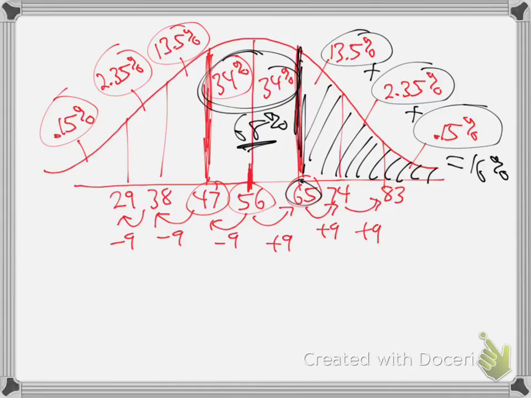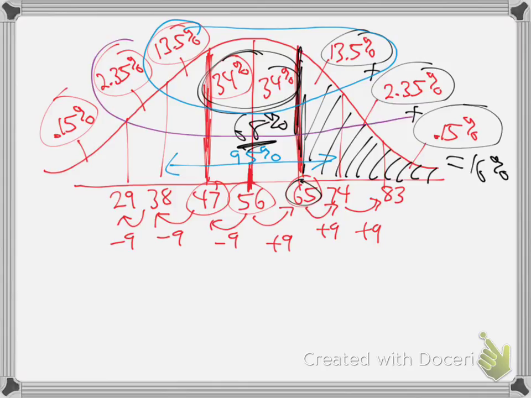If you extend that a little wider and add up the four middle numbers, you get 95%. And if you extend it even further and do the six middle numbers, you get 99.7%.